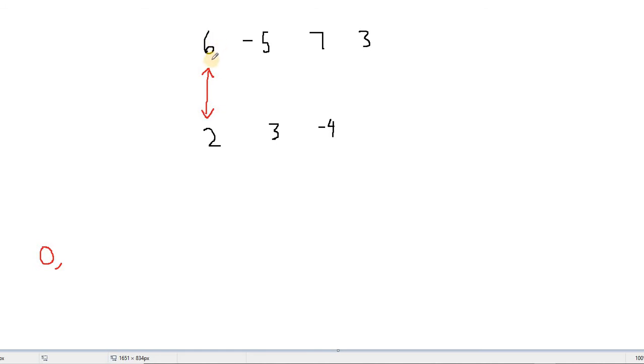From first glance, it would appear you just take the 6. So let's just do it: 6. Now this one's gone, so it's one of these two. Going straight in, you probably think you take the number 2, so 6 plus 2 is 8.